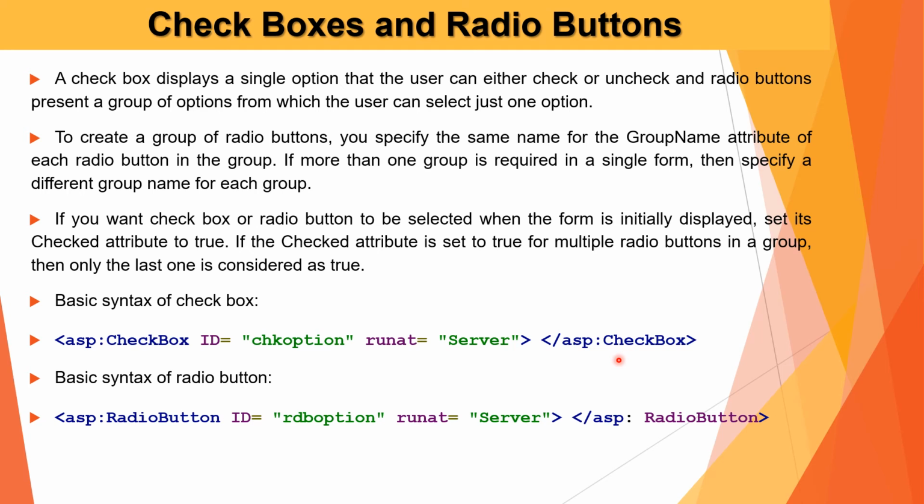Next are the checkboxes and radio buttons. The server controls like checkbox and radio buttons have different meanings. The checkbox displays a single option that the user can either check or uncheck, and the radio buttons present a group of options from which the user can select just one option.